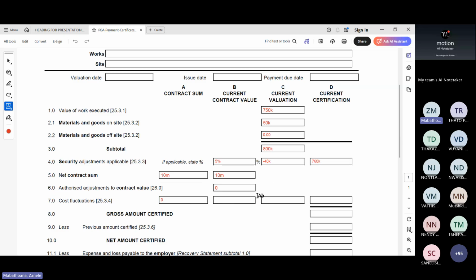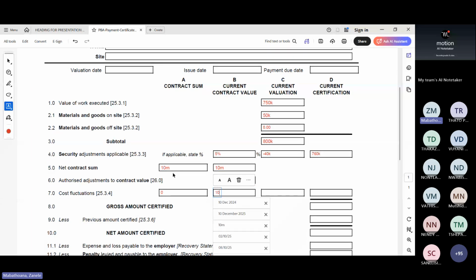Generally you would allow a certain amount for cost fluctuations, let's say 2 million because the project is going to take 2 years, but this is like a 6 months contract, so it's fixed. So now your 10 million contract value remains 10 million, whereas if you add cost fluctuations, it would go up.